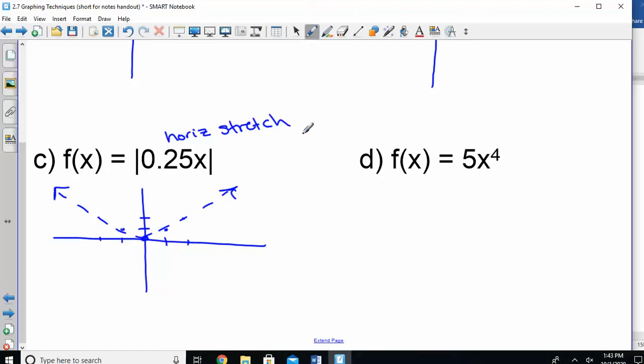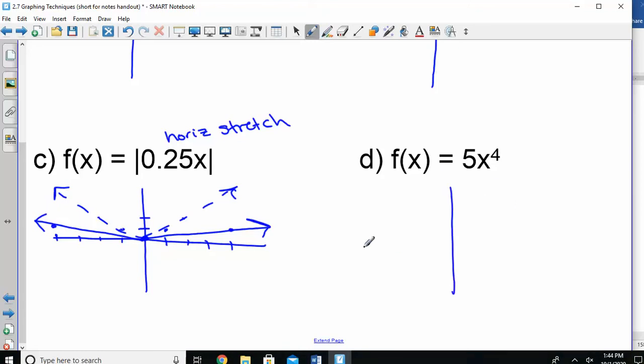So dividing by a 4th is like multiplying by 4. X value of 0 won't go anywhere. Here x equals 1. 1 times 4 is 4. This is when x is negative 1. Negative 1 times 4 is negative 4.